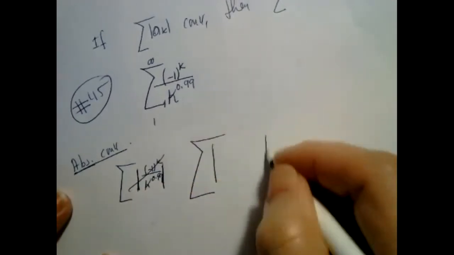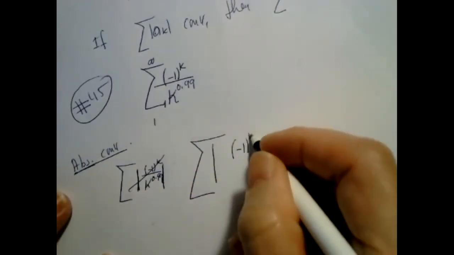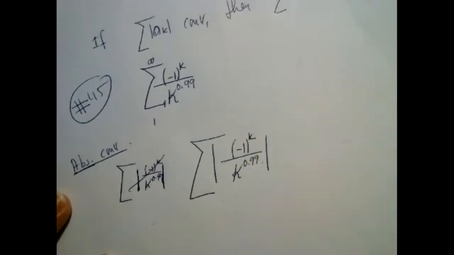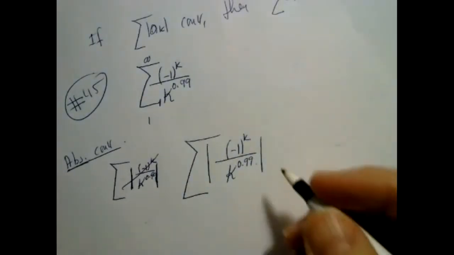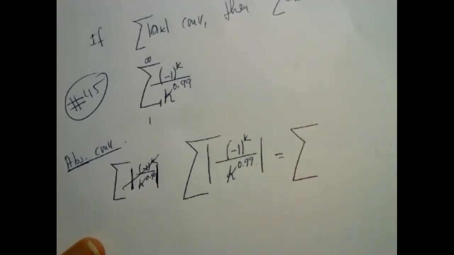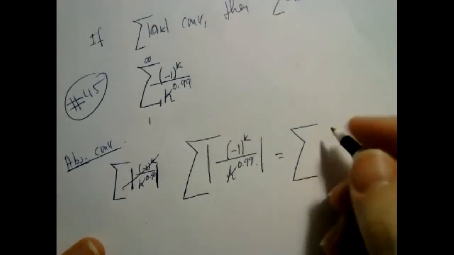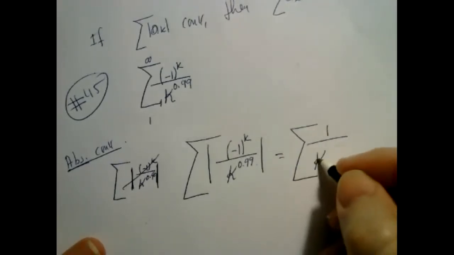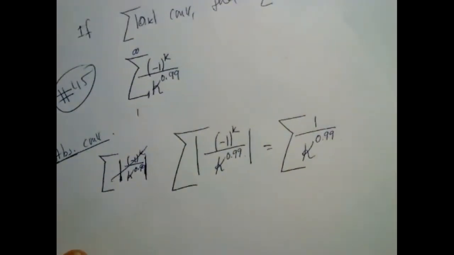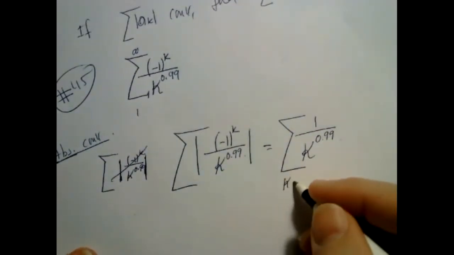We take sigma, absolute value of that. What the absolute value will do is get rid of the negative. I will have the sum of 1 over k to the power 0.99, k equal 1 to infinity.